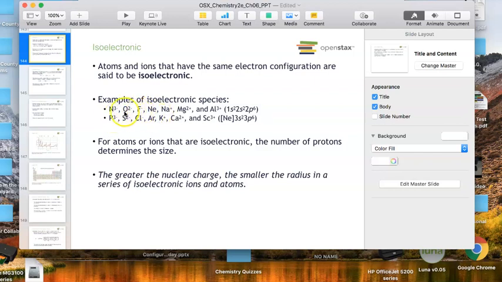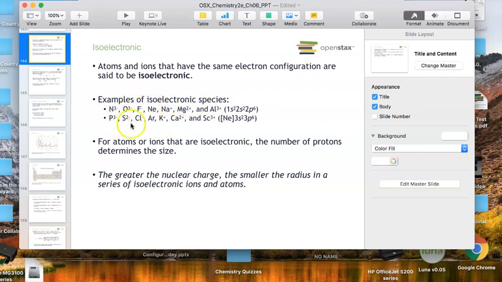The same is true for nitrogen or oxygen or fluorine. When they gain 1 or 2 or 3 electrons, they have the same electron configuration as that of neon, a noble gas. So these are examples of isoelectronic elements. They have the same electron configurations as other elements, and a lot of times they're ions that have the same electron configuration as a noble gas.